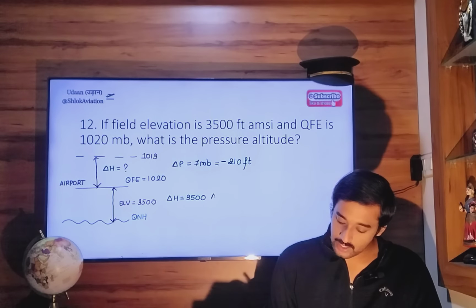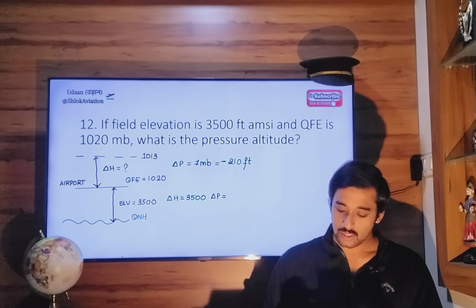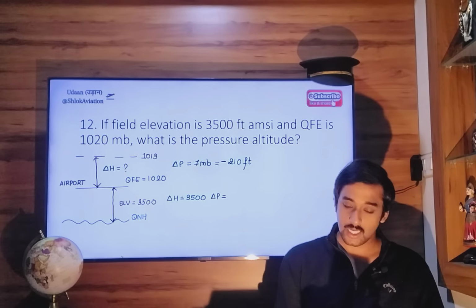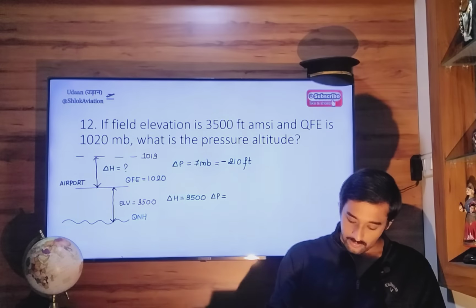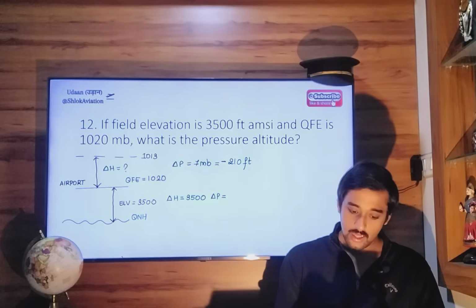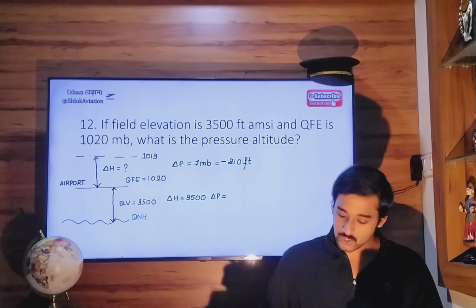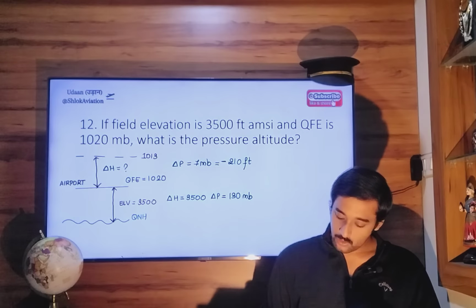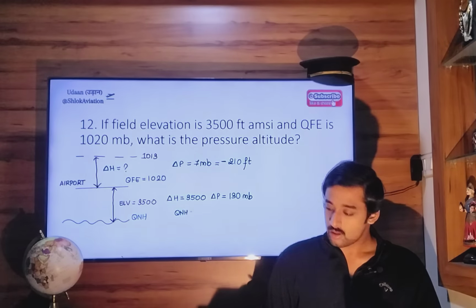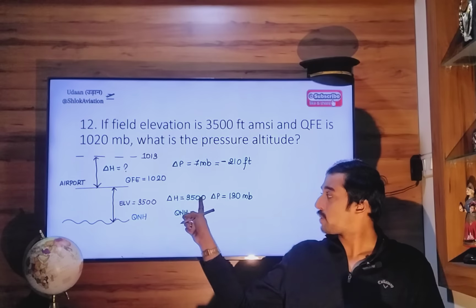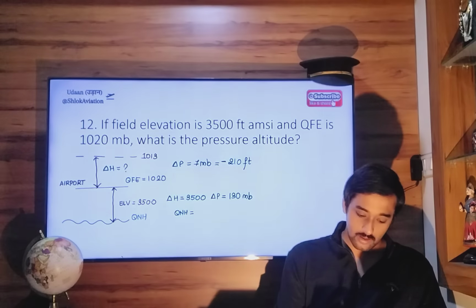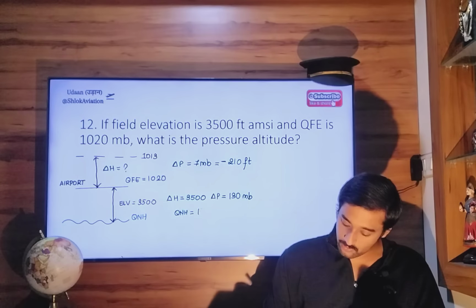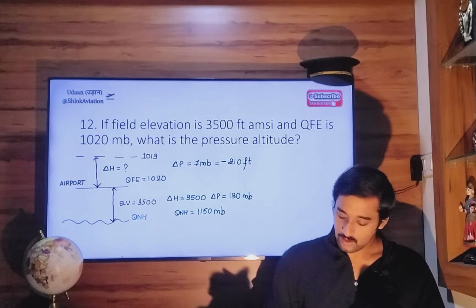So 3500 is equal to a pressure difference of 3500 divided by 30, which is 116.6, or 3500 divided by 27, that is 129.6, or approximately 130 millibar. So QNH will be equal to QFE 1020 plus this pressure difference of 130. 1020 plus 130, that is equal to 1150 millibar.